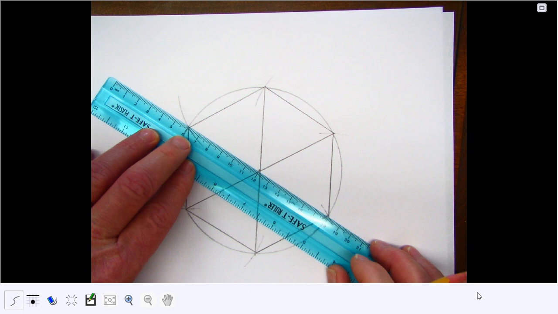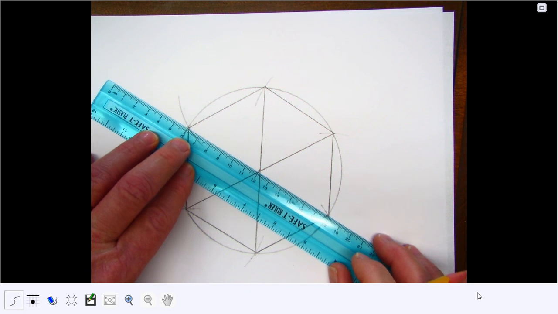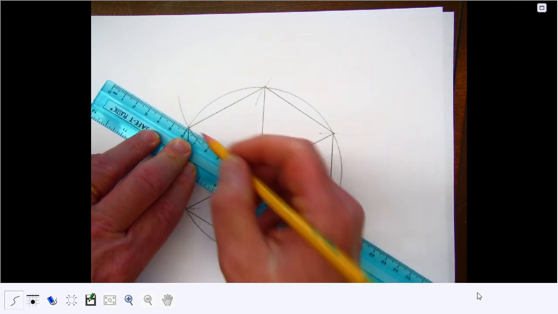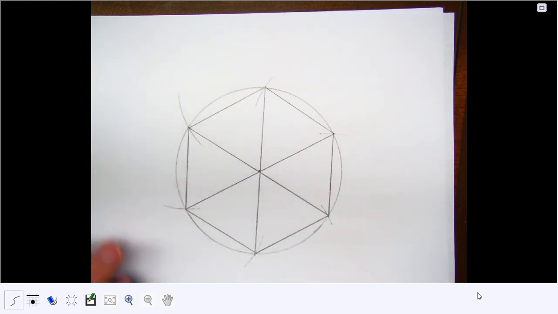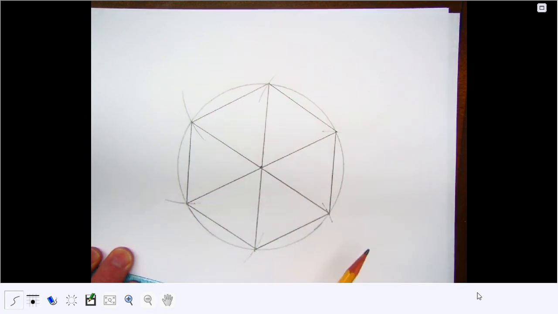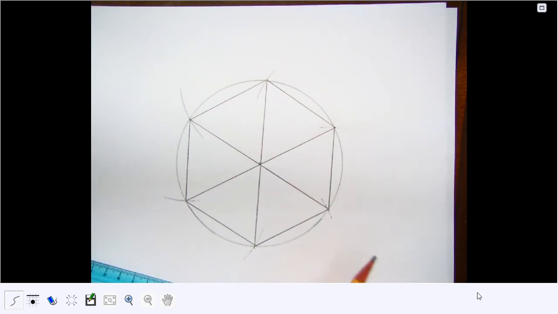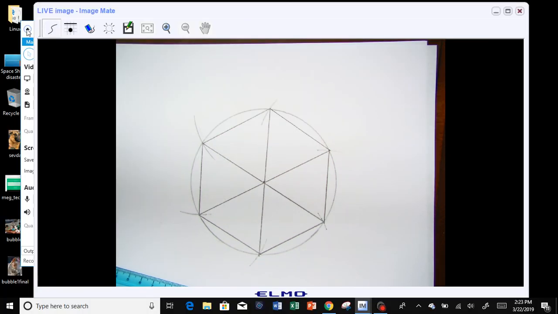And I think you'll notice that for each of those equilateral triangles, the length of the side is the radius of the circle. We can say that the circle is circumscribed about the hexagon, or the hexagon is inscribed in the circle. So that's pretty neat. With that, I'll go ahead and end this video.